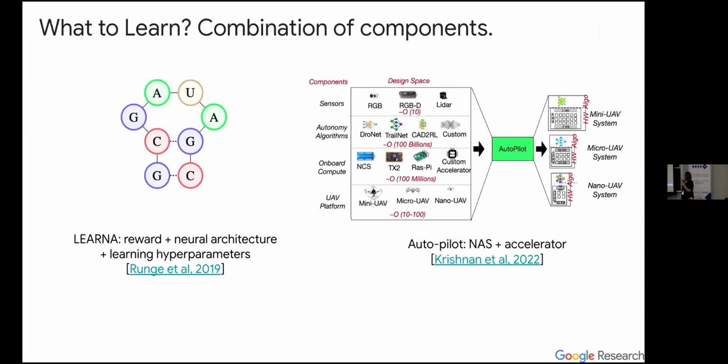And then I want to bring your attention to methods that combine these things. There are the algorithmic parts and the rewards and whatnot, but there are some methods that combine rewards, neural network architecture, and learning hyperparameters at the same time, for RNA design, with very promising results. There's also work on co-design of neural network architectures and accelerators. Oftentimes we train these models, and they're becoming bigger, on GPUs.